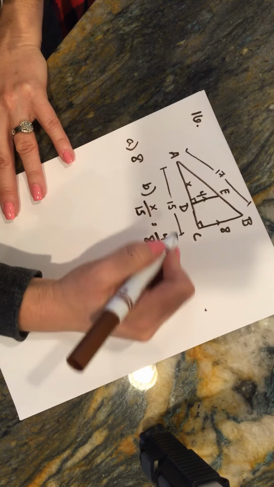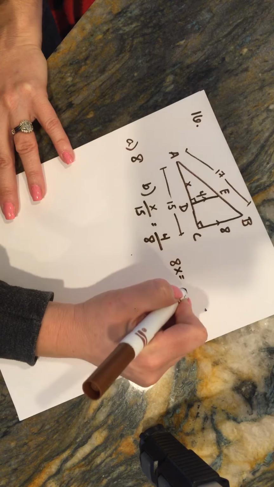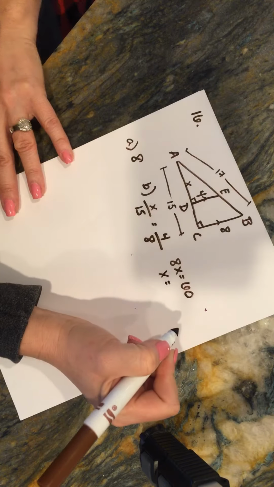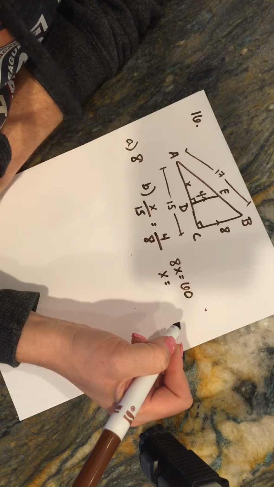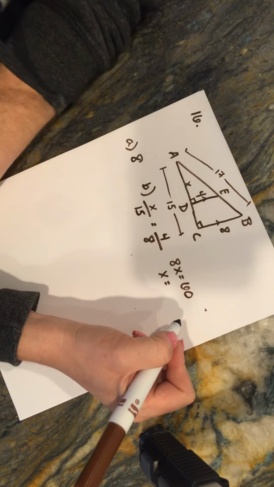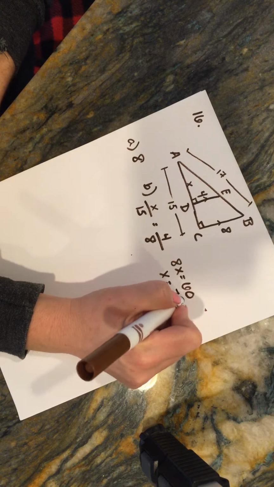You could rearrange these a little bit. So 8x equals 60. X equals 60 over 8. That will reduce to 7.5.